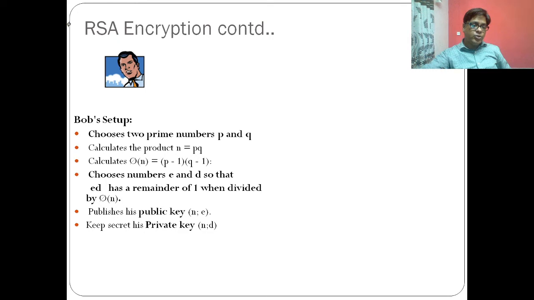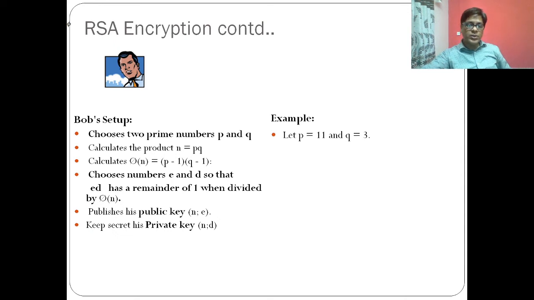So E and D should be numbers such that E times D gives a remainder 1 when we divide by phi n. Having computed these numbers, he will publish his public key as N and E and will keep his private key secret as N and D. So performing a computation here, let us take this example.